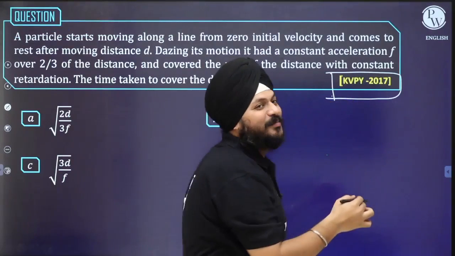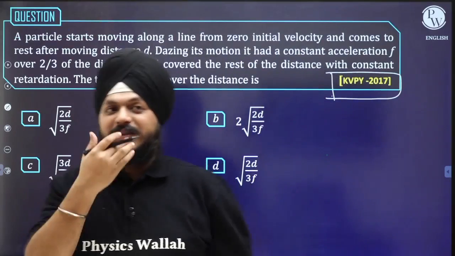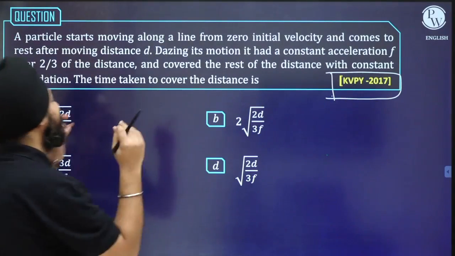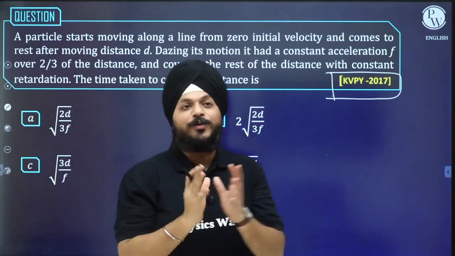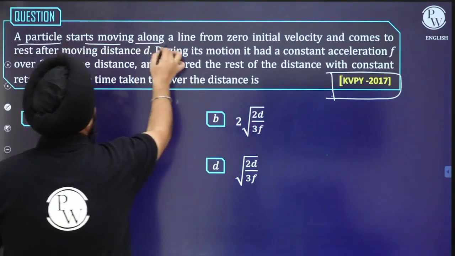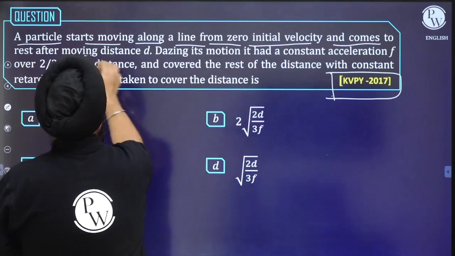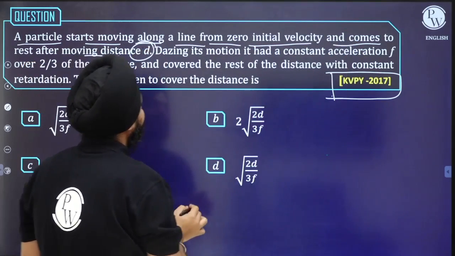Uniformly accelerated motion, uniform acceleration and retardation, everything is appearing in this very nice, very long and calculative question. Now let's see. A particle starts moving along a line from zero initial velocity and comes to rest after moving a distance d.